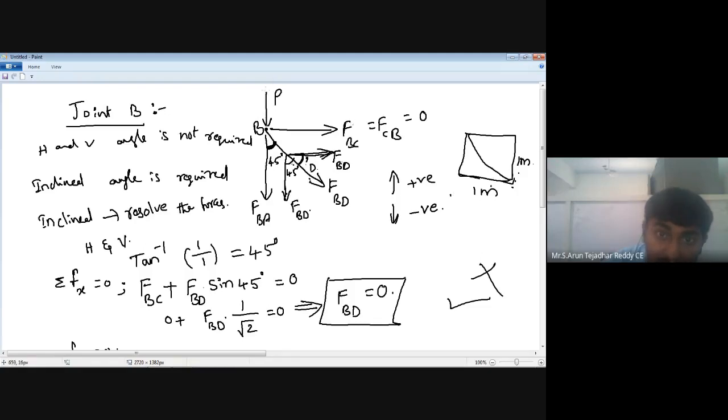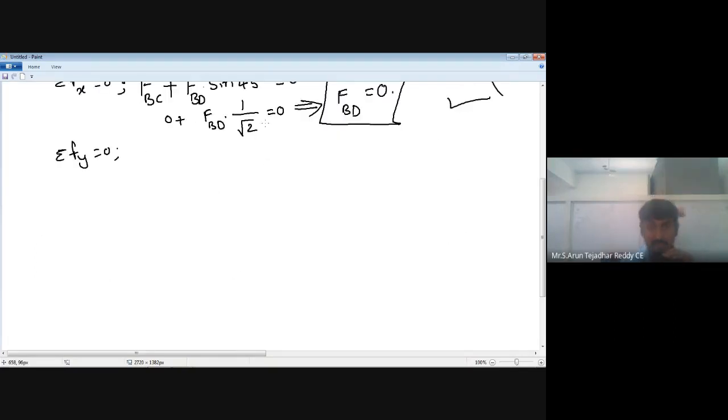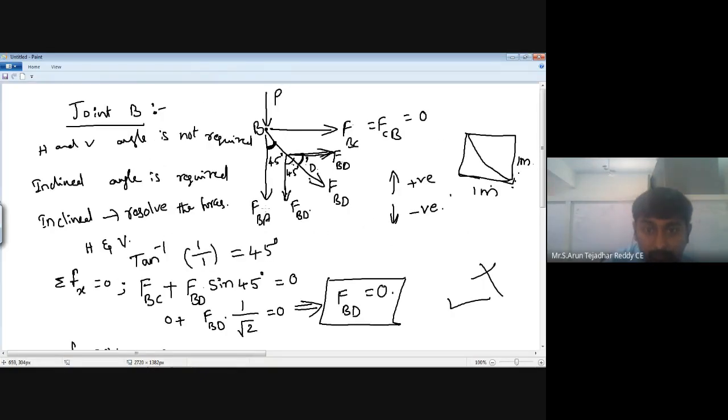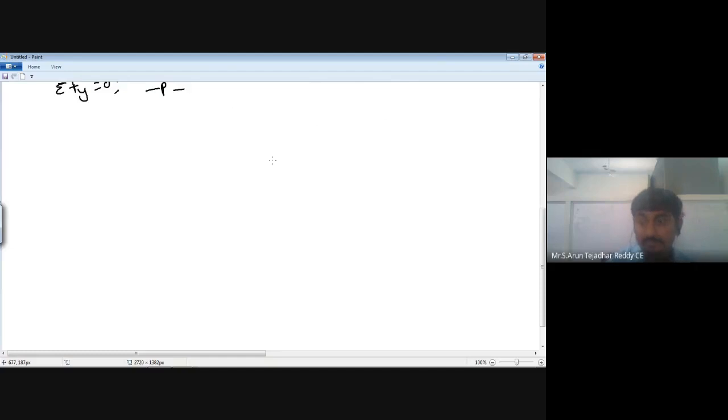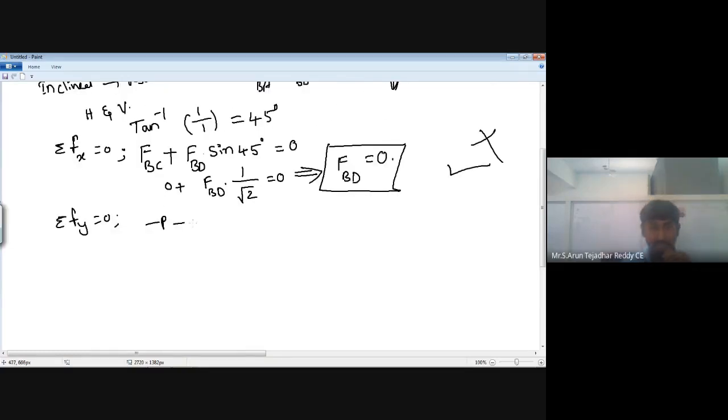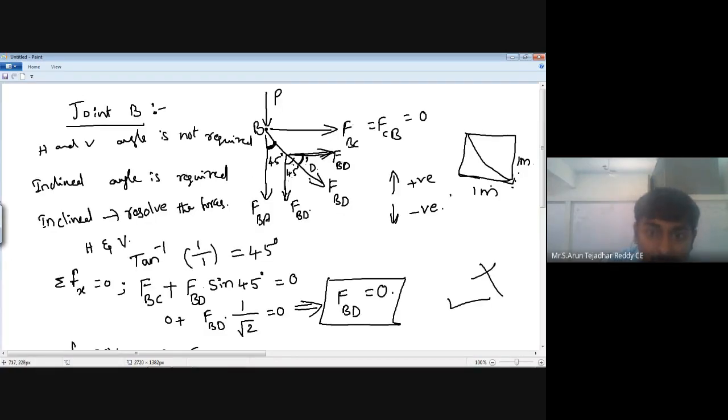First, P, that is minus P, minus from B to A, FBA. Next, here after resolving forces, apply sine or cos. See, your angle is here 45 degree. So wherever your angle is there, apply cos theta.